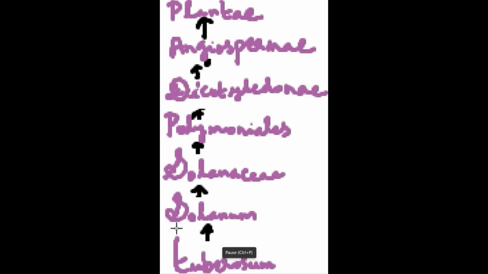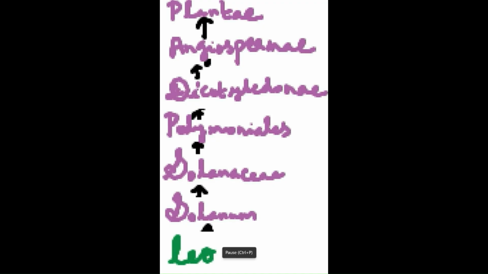Tuberosum is species, Solanum is genus, Solanaceae is family, Polemoniales is the order, Dicotyledonae is a class, Angiospermae will be phylum, and then Plantae will be the kingdom.